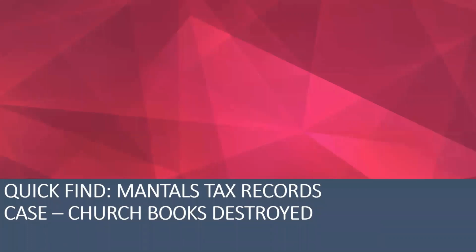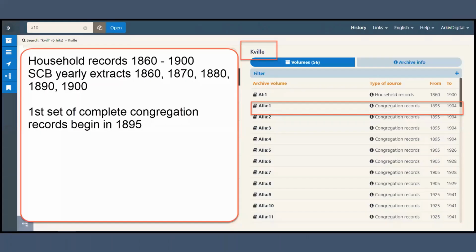I'm going to do a little bit more detailed example here. This is a case where the church books have been destroyed. And the parish is Kävlinge, and this is in the county of Göteborg och Bohus. And you look here, it says the first household record is 1860 to 1900. Well, that's not really a household record.